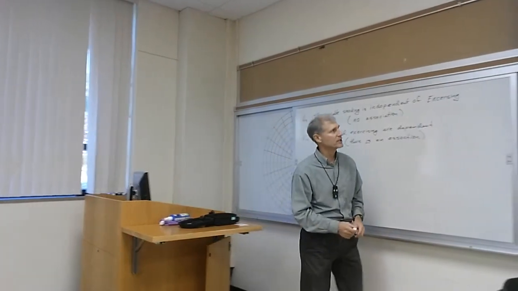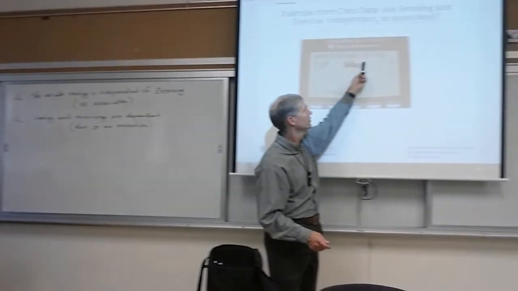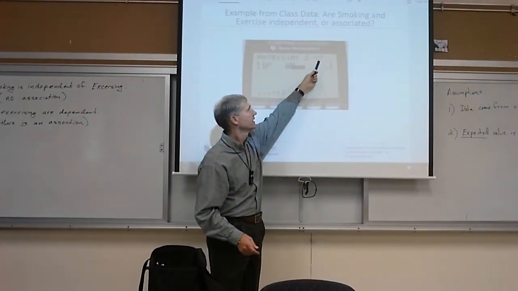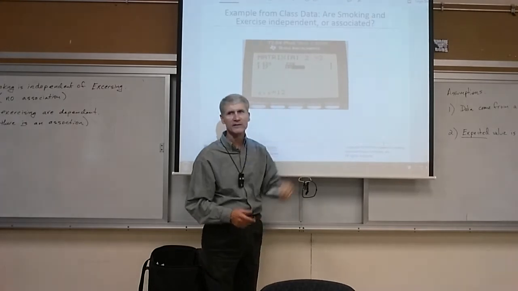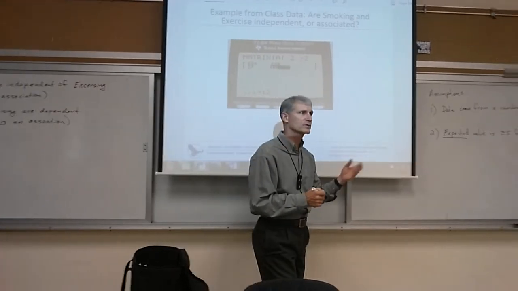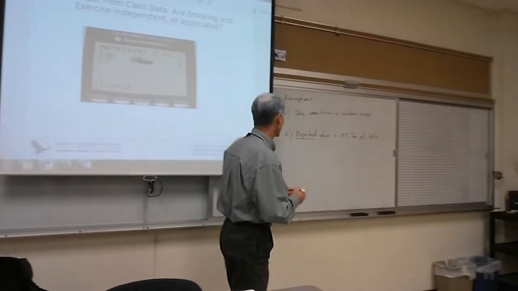When you do that, you should see this screen. You're going to enter 2, press enter. It'll jump to here, enter another 2. So what does the 2 by 2 mean? 2 rows, 2 columns. And it always goes rows by columns.